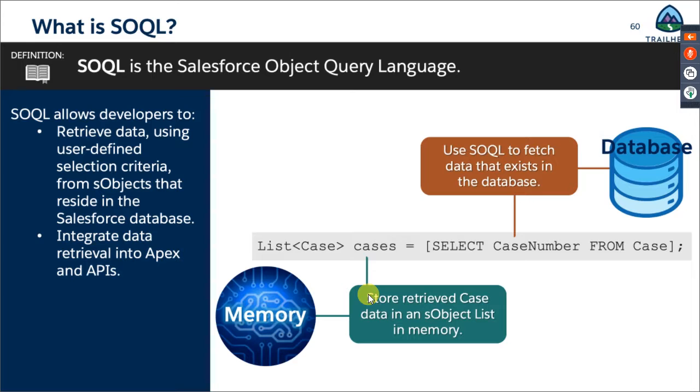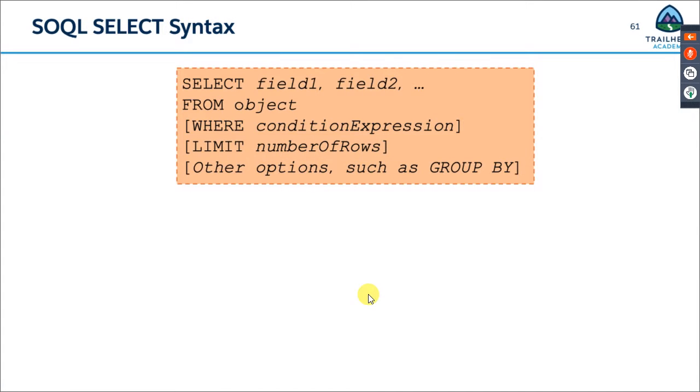You have to specify the fields that you want to request. If we take a look at the syntax, between your fields you're going to have field 1 and field 2 and field 3. So you have to specify the fields that you want to get back. Then you specify from which object you want to bring those fields.